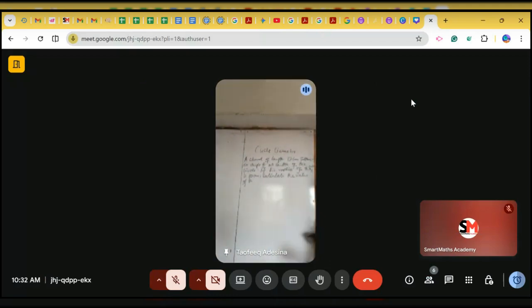Let me draw a circle. Here is the center, and here is the theta. Let me make it bigger so the line is more clear.